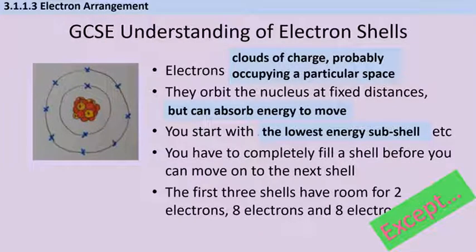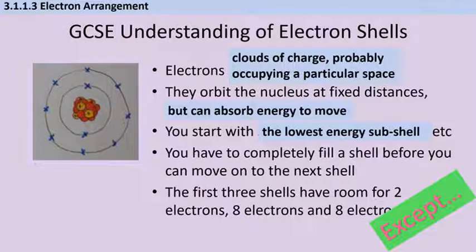Next on the list of things that we oversimplified at GCSE are 2 linked concepts. So at GCSE, when you were drawing diagrams of atoms, you knew that you had to start on the inside and work your way out, and you knew that you couldn't move on to a new shell until you finished the shell that you're currently in. Now, there is some truth in this, but the problem is that as the shells get bigger and bigger, we start breaking them up into subshells.